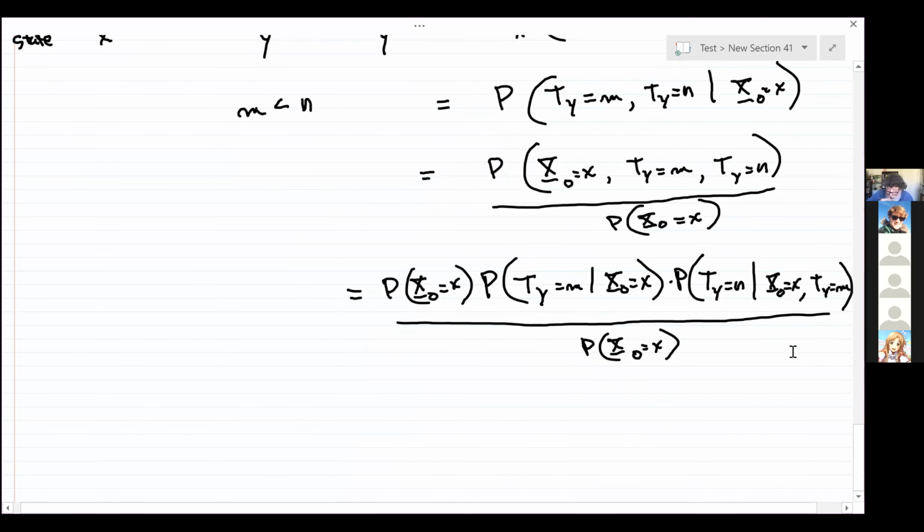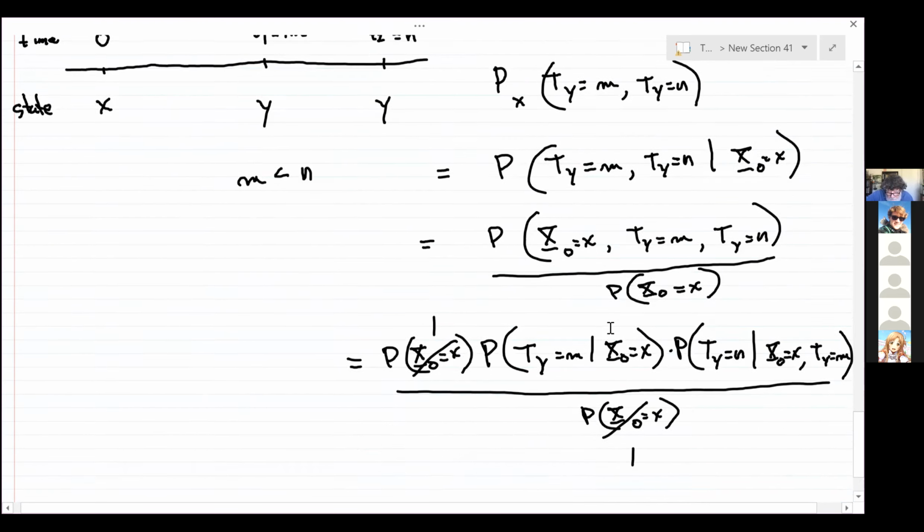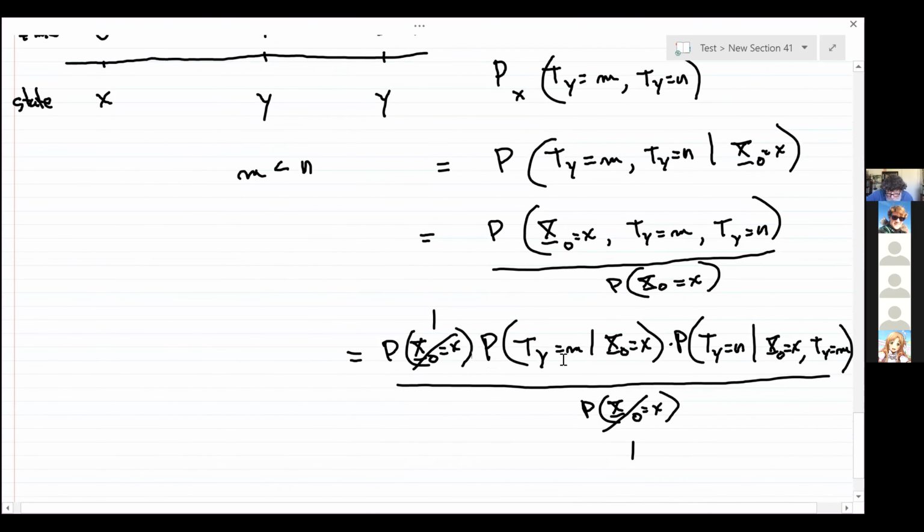Okay, but this cancels this. So that takes care of that stuff. And this, that's just the probability of going from X to Y for the first time in n units.